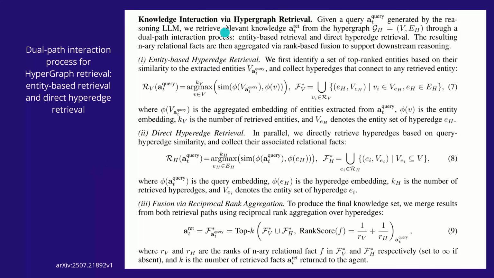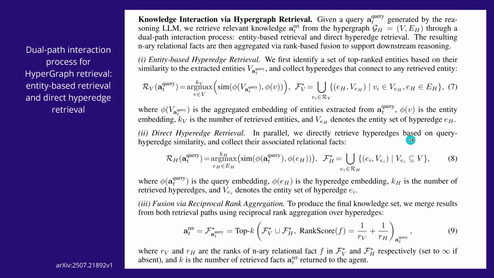Now, if we go to a hypergraph retrieval, you guess what? It is almost identical. You just have now a dual path interaction process for the hypergraph retrieval. You also have the entity-based retrieval and the direct hyperedge retrieval. Remember, this is where we have an added complexity. But you see, nothing else.